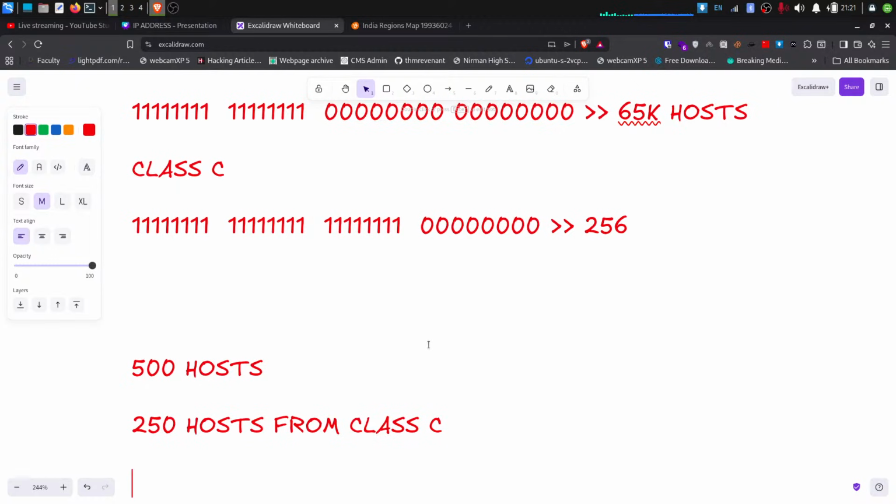Do you guys agree with this guy? Borrow the network bits. Do you agree with this person or with me? I'm saying that what I'll do here is I'll use 250 hosts from class C, and for the remaining hosts, I'll borrow them from the next section or the remaining hosts we have in that section.